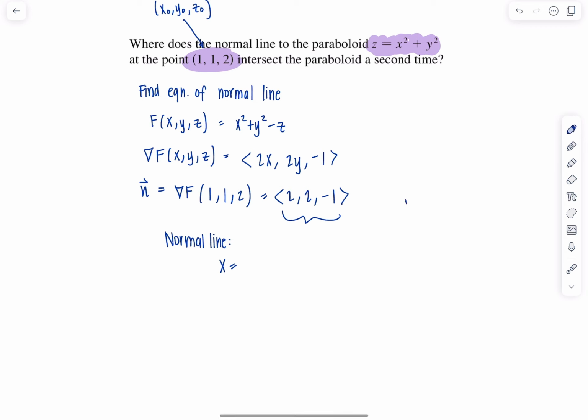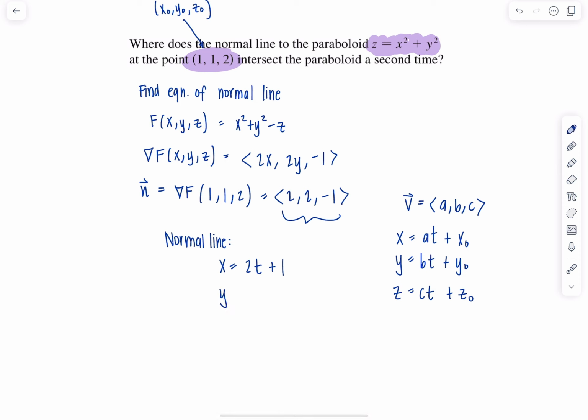If you have your direction vector v with components a, b, c, you write the equation of the line as x equals at plus x naught, y equals bt plus y naught, and z equals ct plus z naught. Putting that all together, we'll have x equals 2t plus 1, y equals 2t plus 1 again, and z is -t plus 2. So here's our normal line.